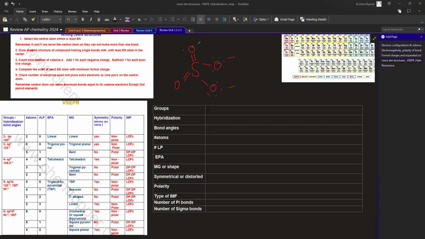It's ionic. Ion-ion attraction is the type of IMF. Number of pi bonds. Count the number of pi bonds. And count the number of sigma bonds. Sigma bonds? 4.